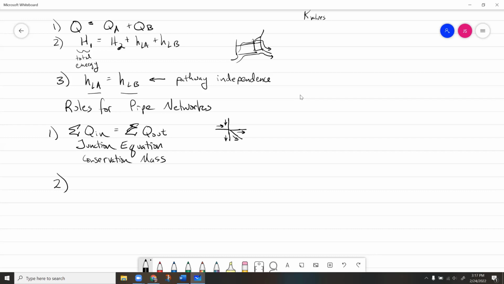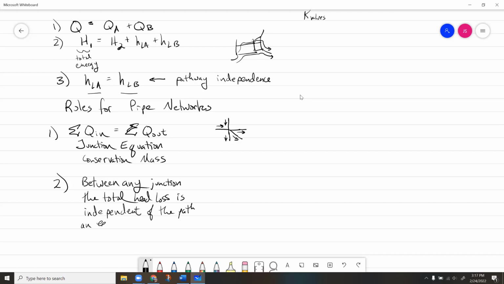And then the second rule is that between any junction, the total head loss is independent of the path and equal along that path or along each path.